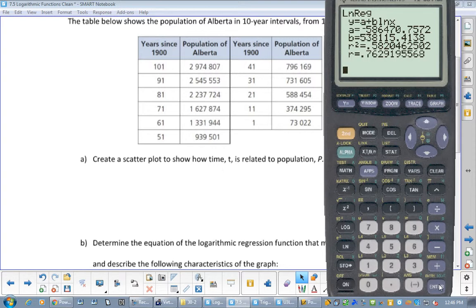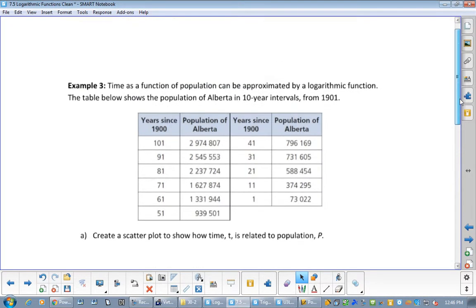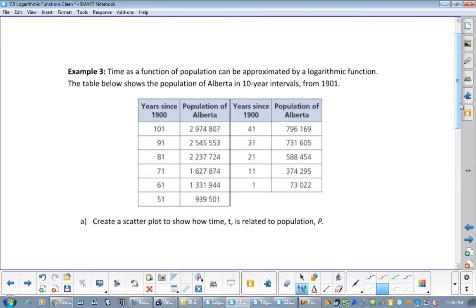No, the one I have is totally off from this one. This one, they will never do this to you on the diploma.